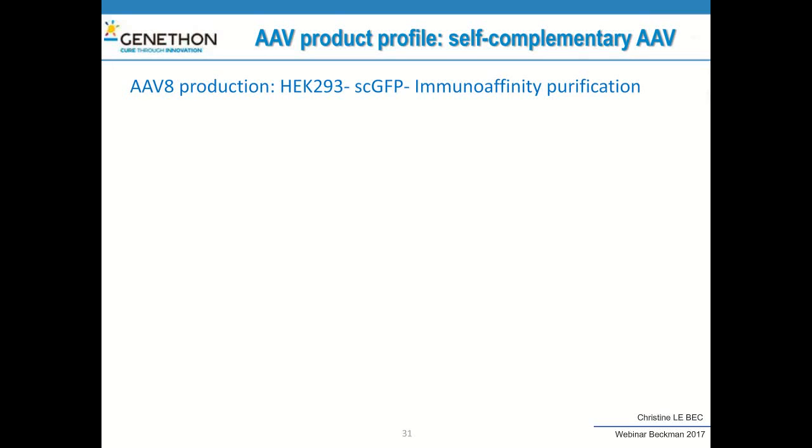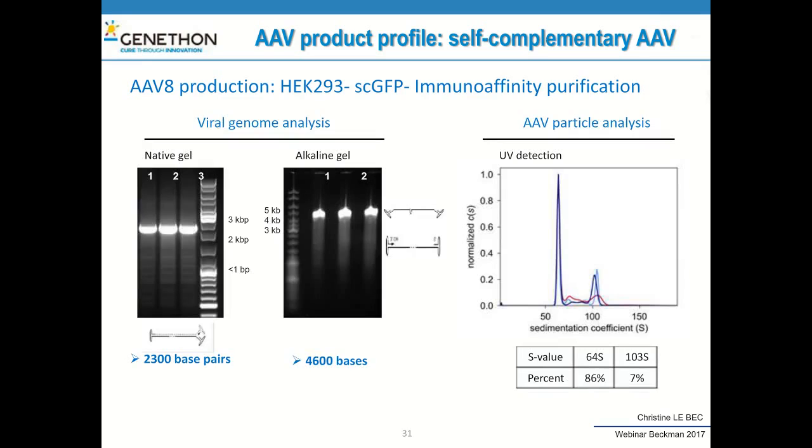We made some double-strand AAV GFP particles, and on the left panel you can see the characterization of the DNA: by alkaline gel we have only one band at 4,600 bases.